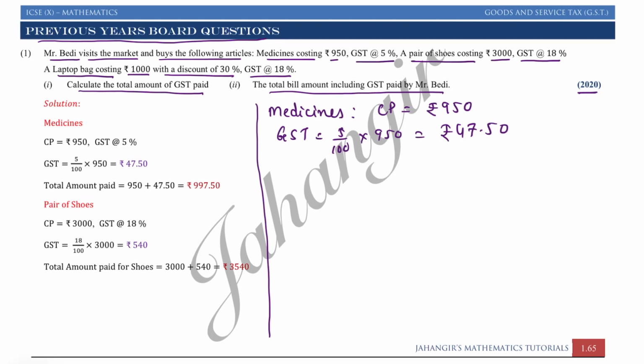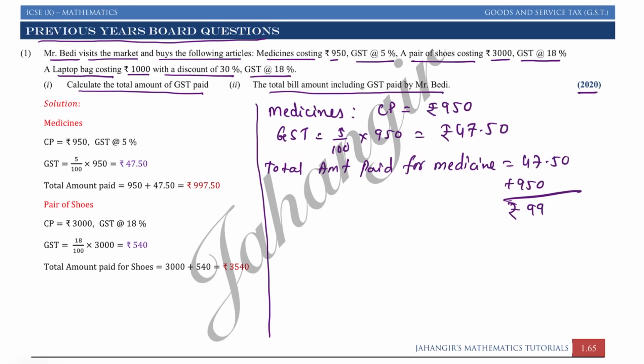So the total amount paid for medicine can be written as 47.50 plus 950, so you will get rupees 997.50. Medicine is done.